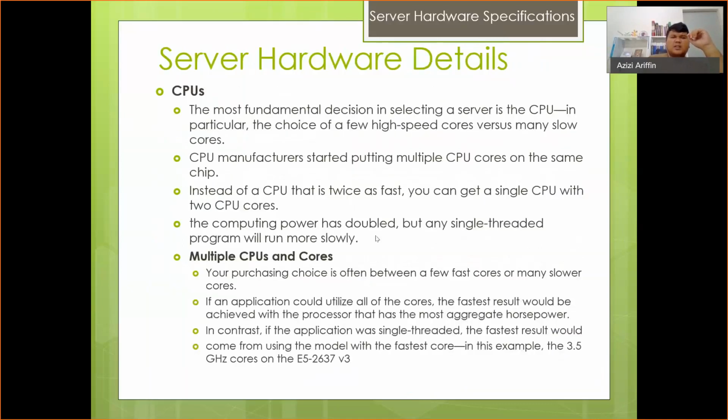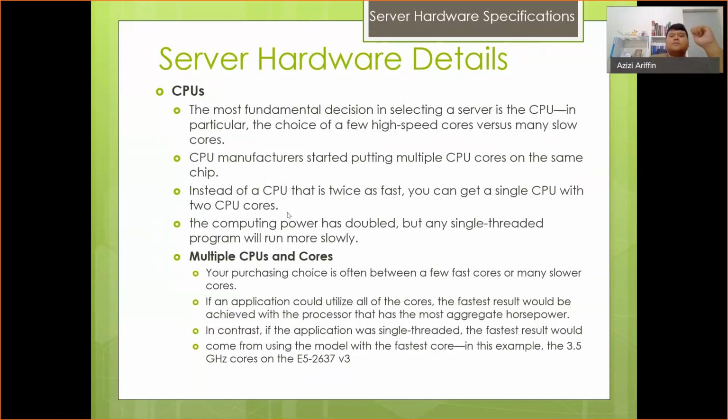Okay, so in server hardware, the CPUs, right? Usually servers run on server-grade CPUs. For example, Intel usually runs on the Xeon server line, and AMD runs on Opteron server models.